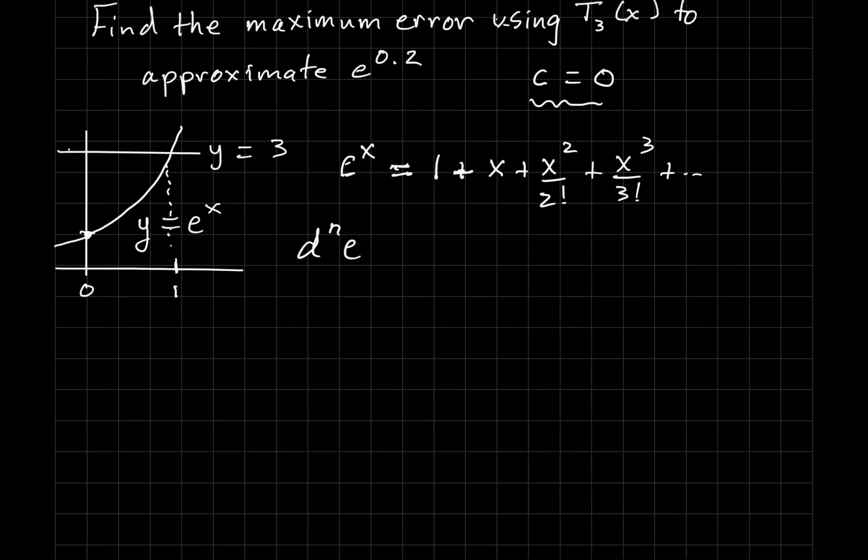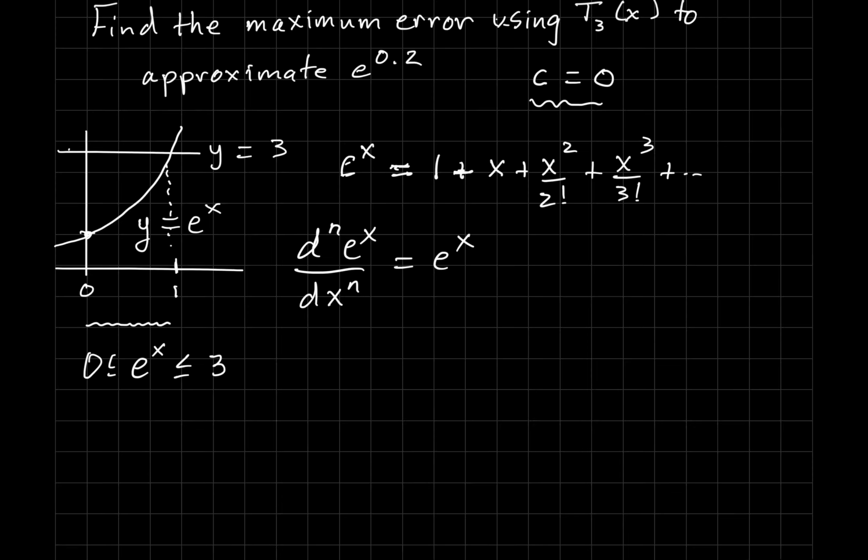And I know the following fact, that the nth derivative of e to the x is always e to the x. You might need more precision, but for me, if I'm approximating e to the x on the interval 0 to 1, I know that e to the x is always between 0 and 3.